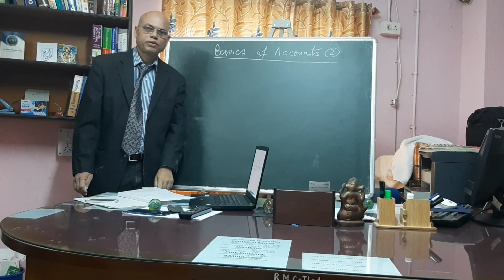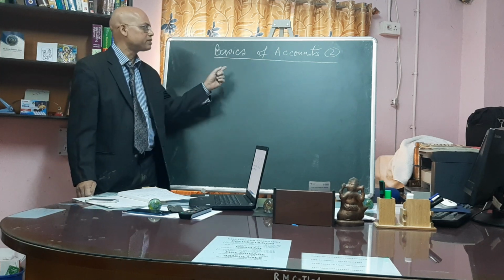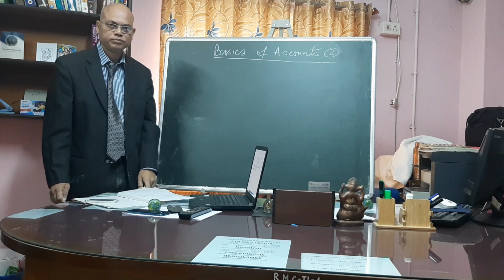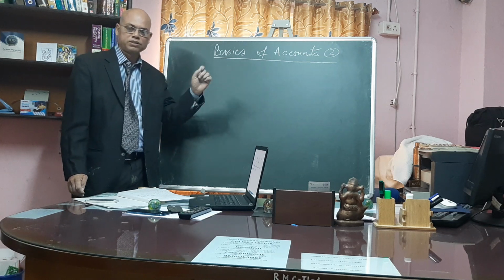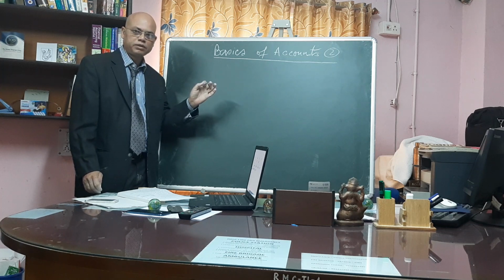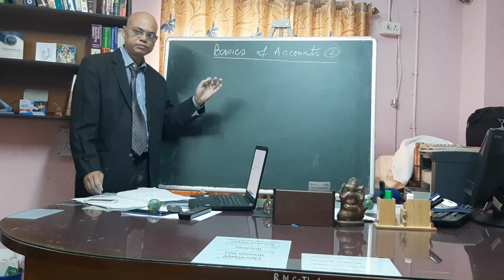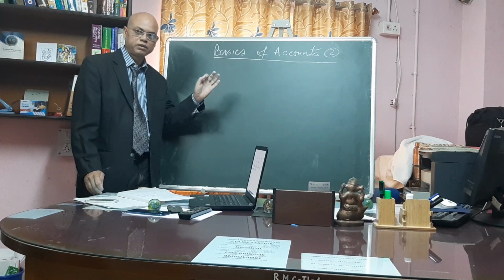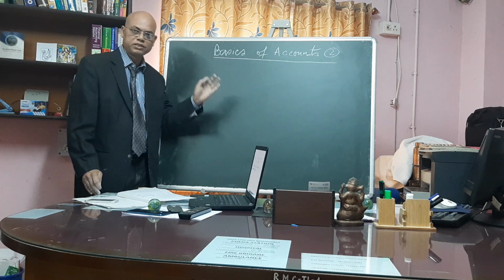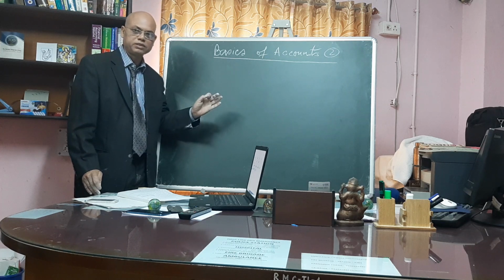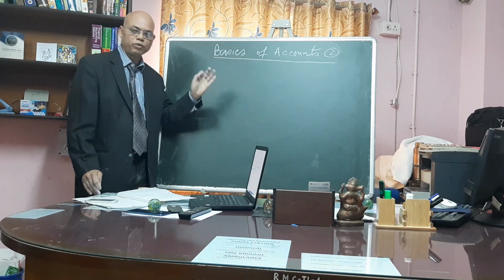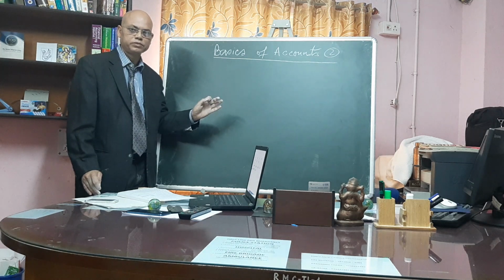Now today my topic is basics of accounts, second part. On the first day, in the first part, I have already discussed what is event, what is transaction, how the transactions are recorded, what is journal, what are the subdivisions under special journal, and what are the subdivisions under general journal.